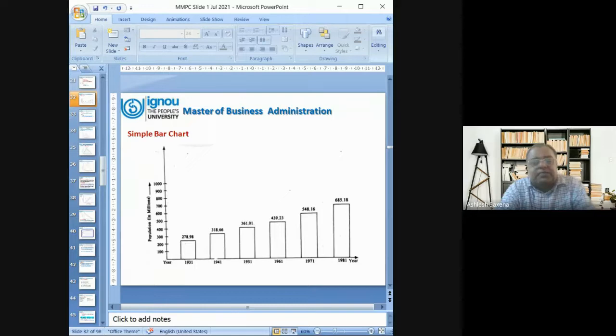This data is basically related to two things. It is showing the population in millions along the y-axis and the year along the x-axis. This is a simple form of bar chart.